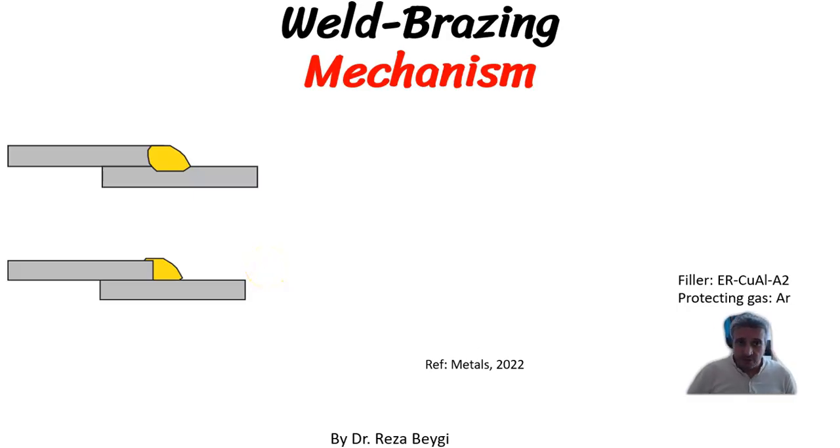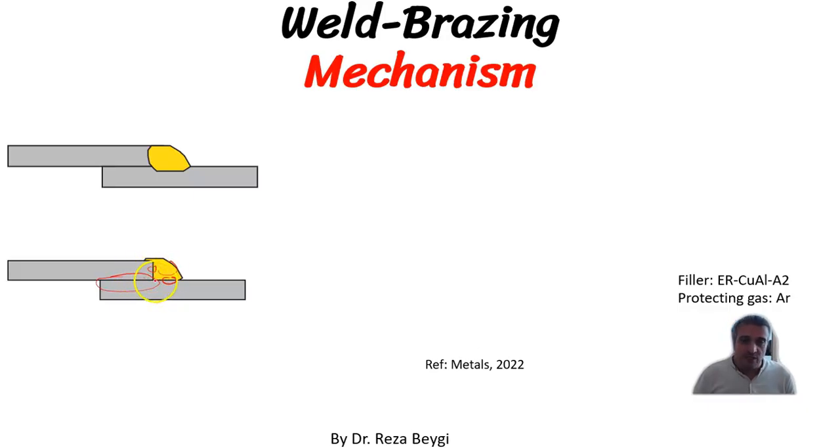The similarity between weld brazing and brazing is that it relies on bonding between a filler material and the surfaces of two adjoints, but we don't need a clearance between two adjoints, between the faying surfaces.